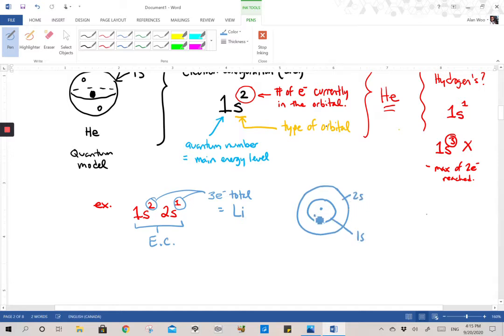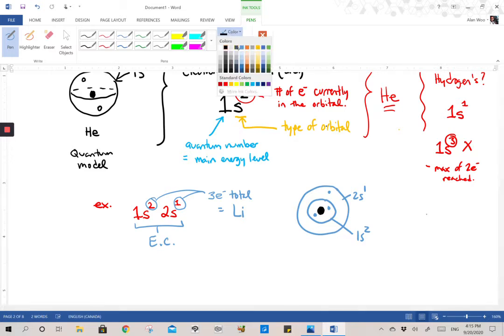My 1s has 2 electrons, right? So it's 1s2, and my 2s has 1 electron, which is 2s1. So that the nucleus is kind of bothering me here, so I'm just going to make it way more like a nucleus, so you don't confuse it as an electron.